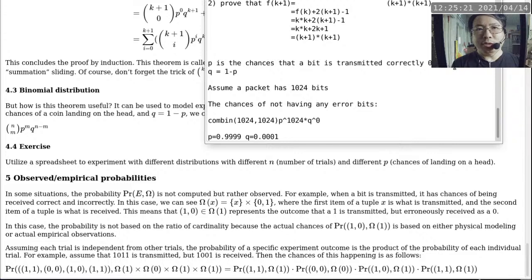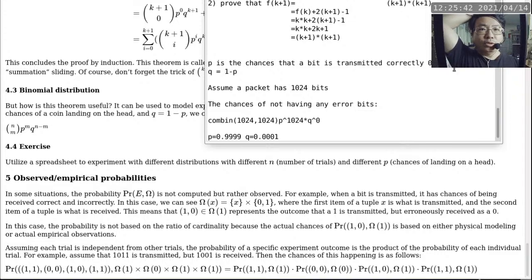When you change this number to, let's say, 0.9, which is really bad, you can see how that impacts the chances of transmitting a packet correctly. That's one practical application of discrete probability.